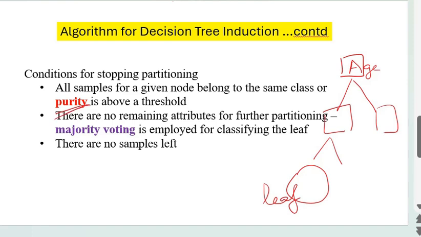We'll shortly see what is purity in our next slide. So we either all of them are in the same class, or in other words, purity is above a threshold. There are no remaining attributes for partitioning. So how do you partition further? So majority voting can be employed. And finally, there are no samples left. So these are the stopping criteria.